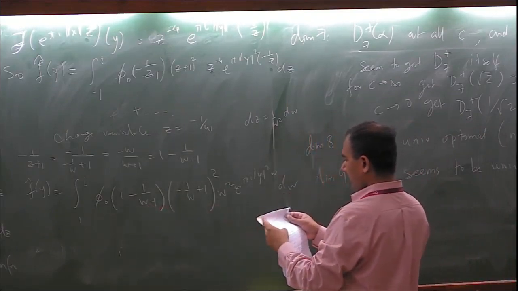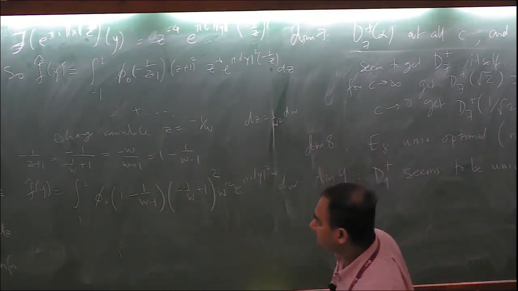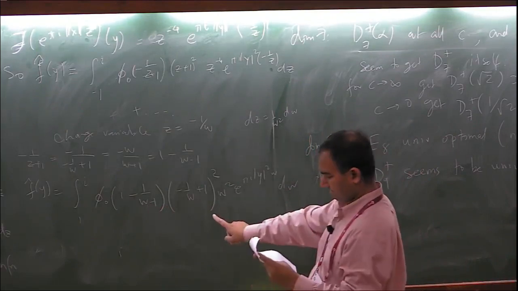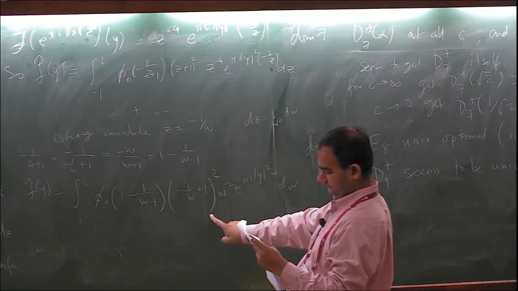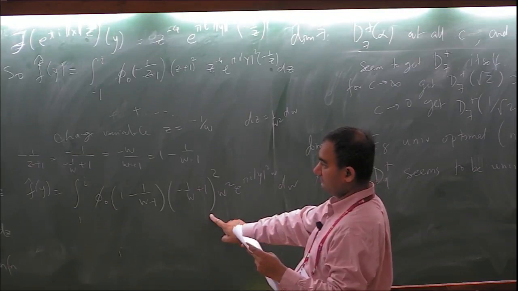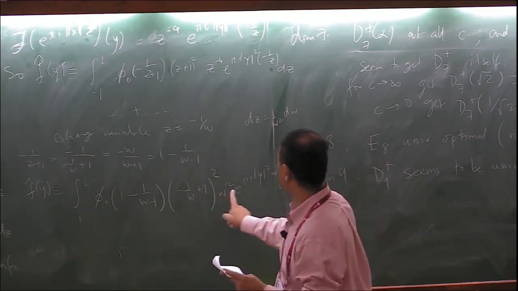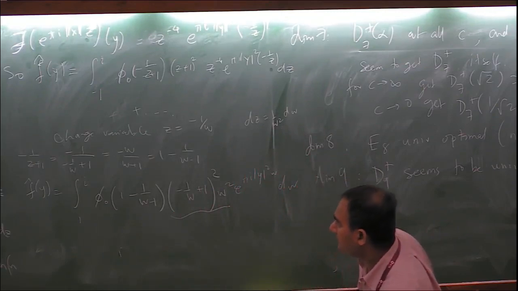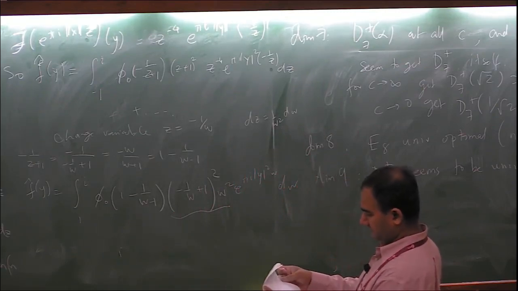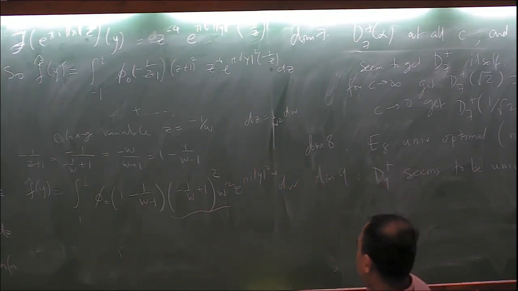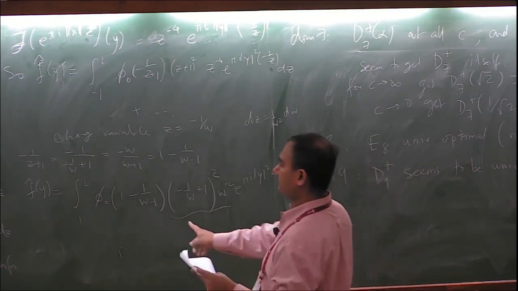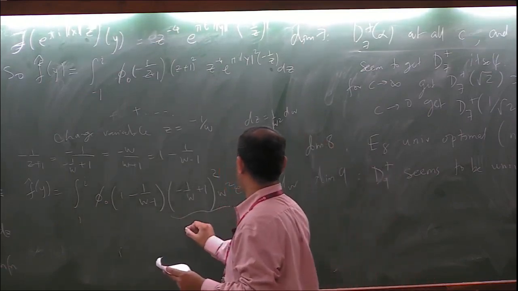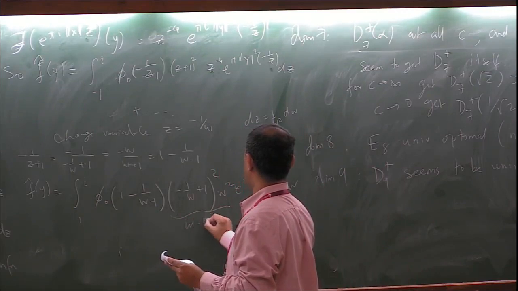So then this becomes, yeah, so let me see if I have this right. Z plus 1 squared. So this becomes just w minus 1 squared.